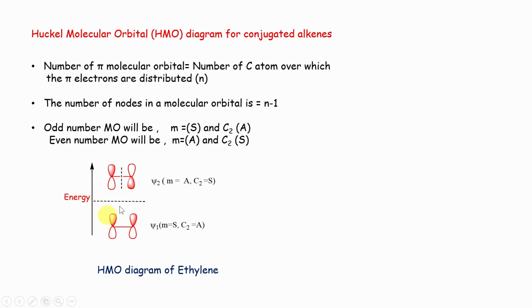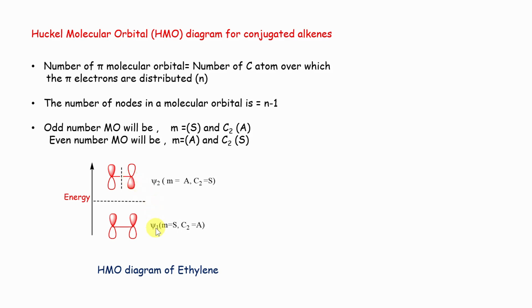It is the Huckel molecular orbital diagram of ethylene. Ethylene contains 2 carbon atoms, and hence there are 2 pi molecular orbitals distributed over the carbon atoms of ethylene, represented as psi1 and psi2. Here psi1 is the bonding molecular orbital and psi2 is the anti-bonding molecular orbital.